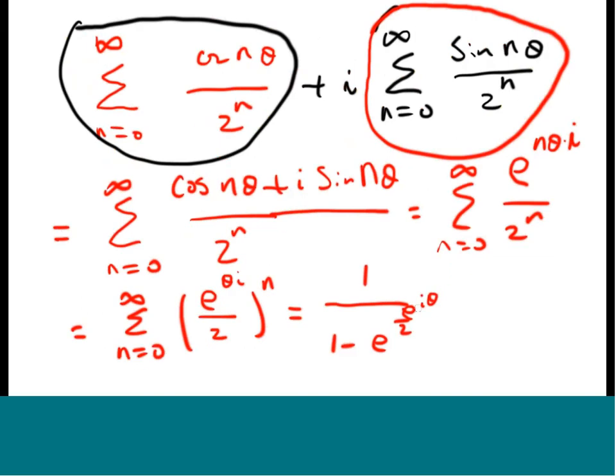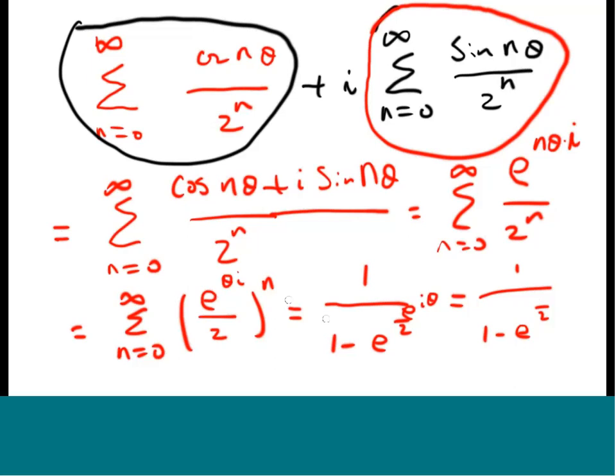Okay. So let me rewrite it. So that one equals 1 over 1 minus e to the... I'm sorry. Oh, it's not that one. It's totally wrong. I'm sorry. What's written is totally wrong.